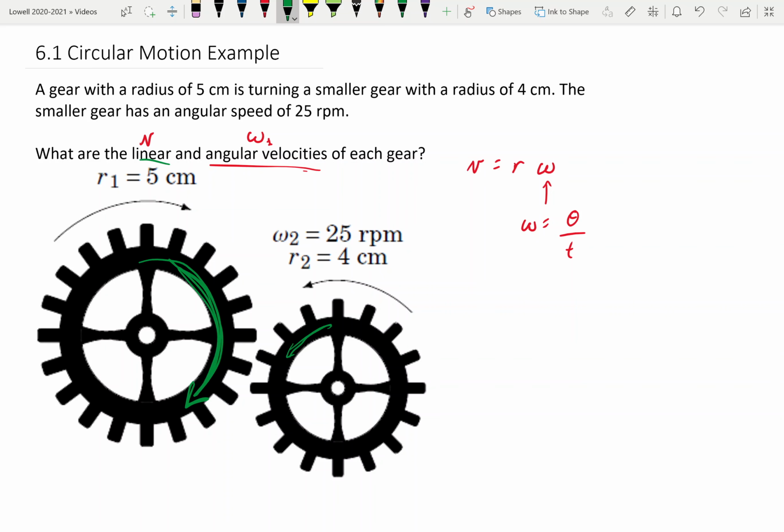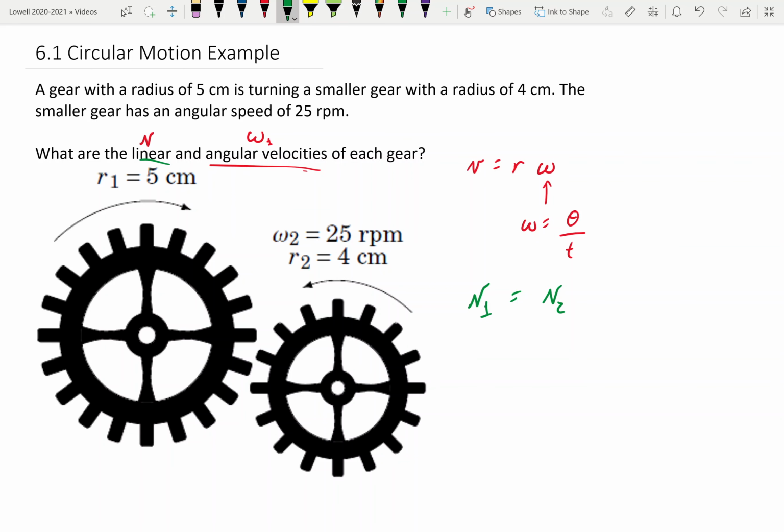It won't work, because each of these teeth has to turn one of these teeth, and so on. They have to go one and one, one and one. They have to match up. What that essentially tells us is that the linear velocity of the first gear and the linear velocity of the second gear are exactly the same.